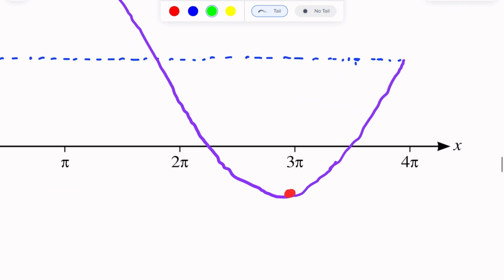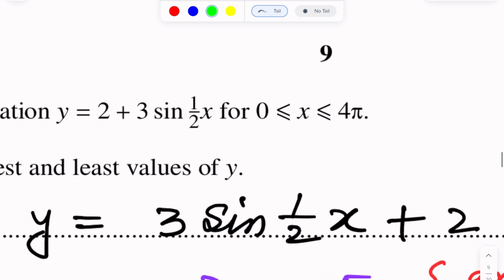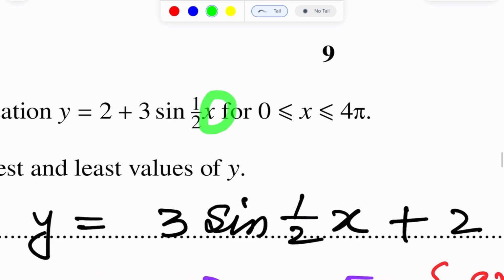And look at this, at angle 3 pi the value of the function will be -1. If we put 3 pi in the original equation in place of x, we get sine 3 pi by 2, which means sine 270.